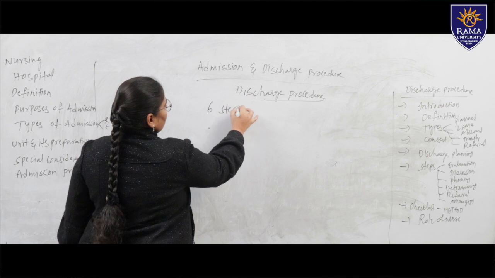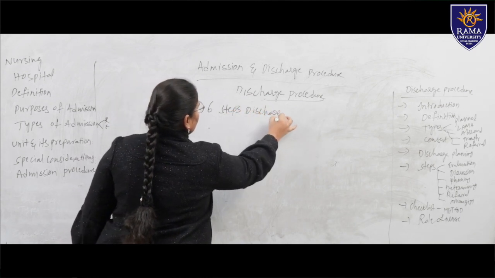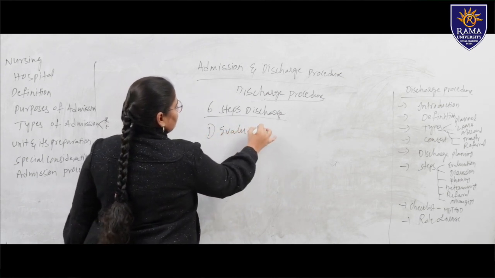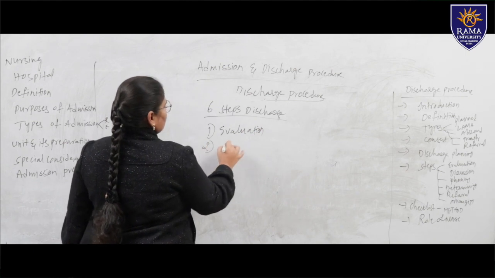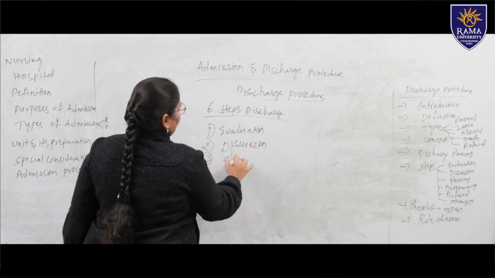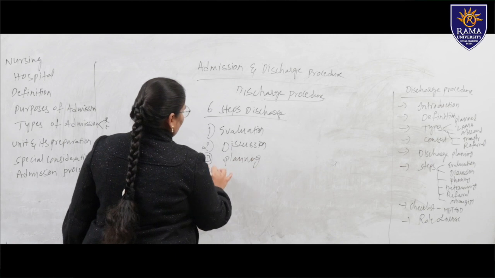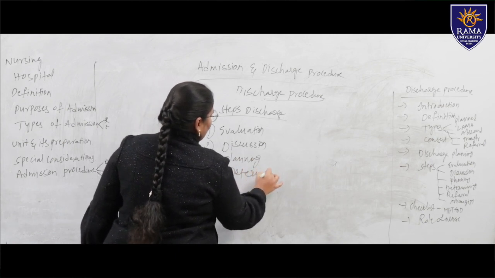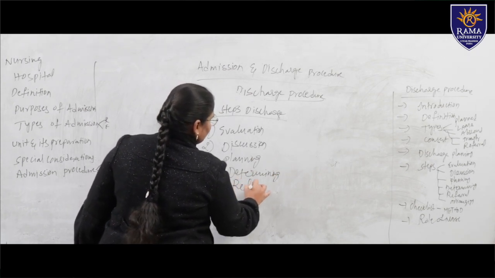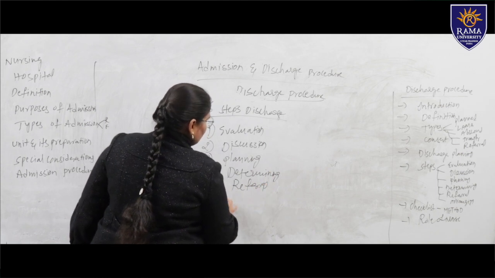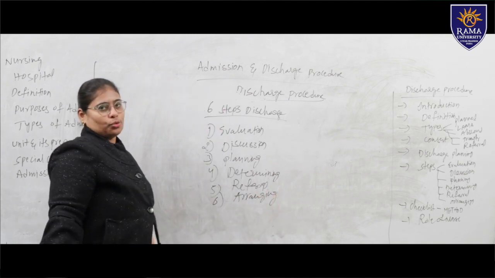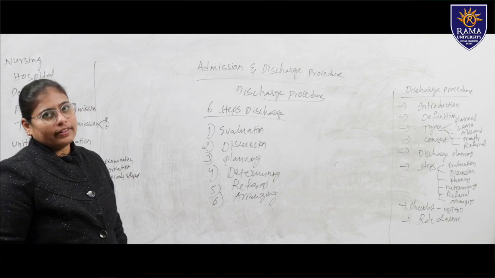The 6 steps of discharge are: the first one is evaluation, the next one is discussion, third is planning, fourth is determining, fifth is referral, and sixth is arranging. These 6 steps have to be kept in mind and followed when the discharge starts.